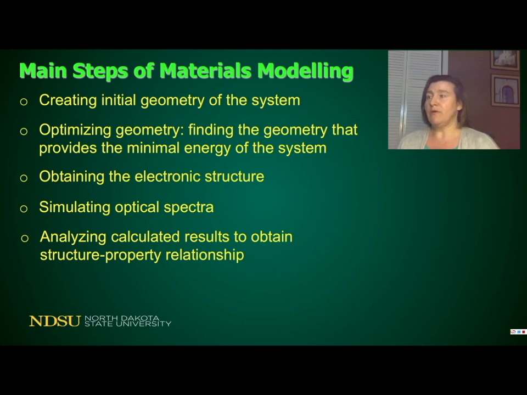So we will learn how to chemically adjust the structure to improve the optical properties of the system. Then this information can be used to guide the synthesis of materials with targeted optical properties. For example, we can provide some guidance on how to synthesize materials which will emit in the infrared range of the solar spectrum.